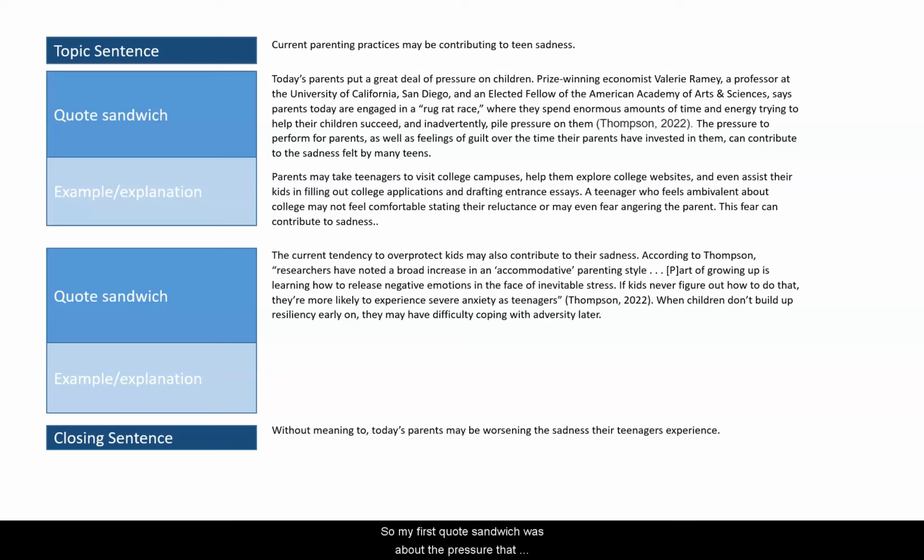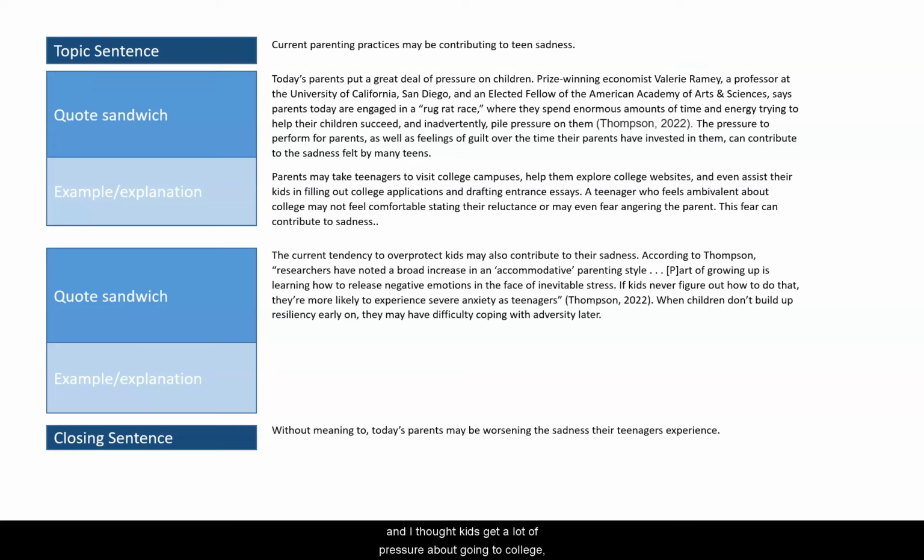So this paragraph, my first quote sandwich, was about the pressure that parents can put on kids. And I was trying to think of ideas about ways kids might feel pressure. And I thought about sports, but I'm not as sports savvy. And then I thought, well, kids get a lot of pressure about going to college.